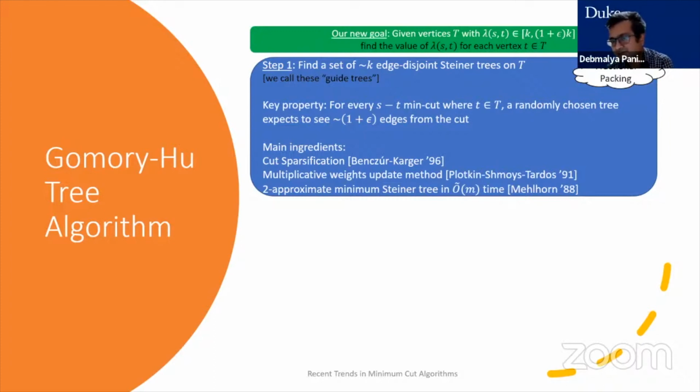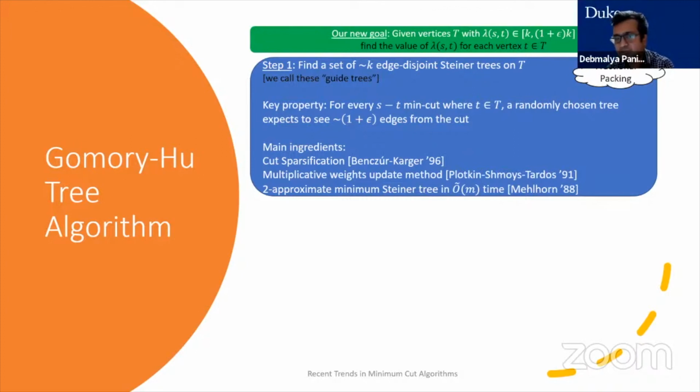Because the min cut doesn't have more than 1 plus epsilon k edges, and I have k such trees, and these are edge disjoint. So in any one of these trees randomly chosen, I only expect to see about 1 plus epsilon edges from the cuts that I am after. That's the key property of these trees.